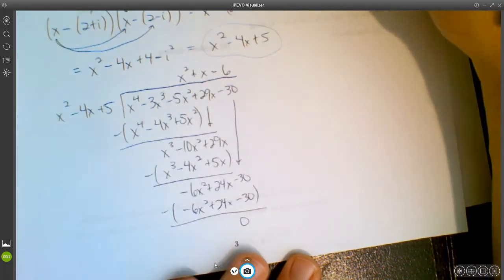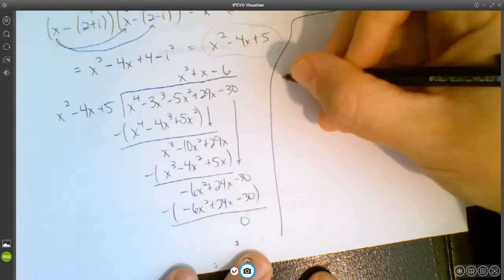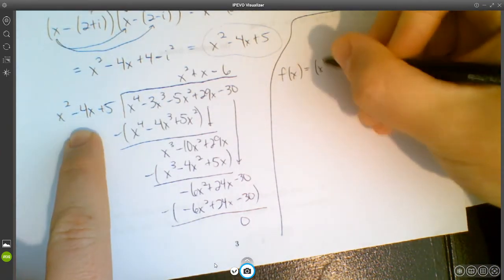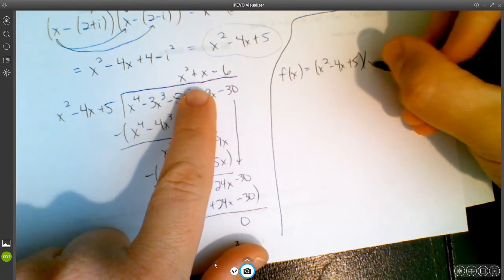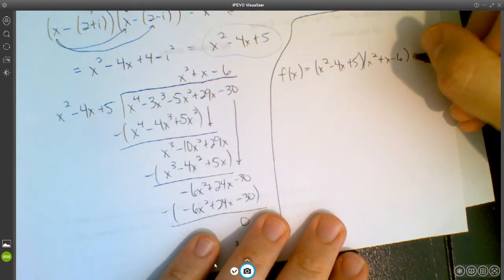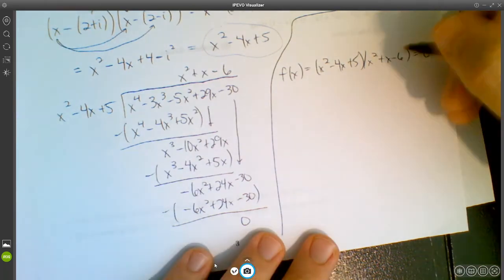Okay, so what does this tell us? This tells us now that f of x equals x squared minus 4x plus 5 times x squared plus x minus 6. And now if I want to solve that for 0, well then I would try to factor further, right?